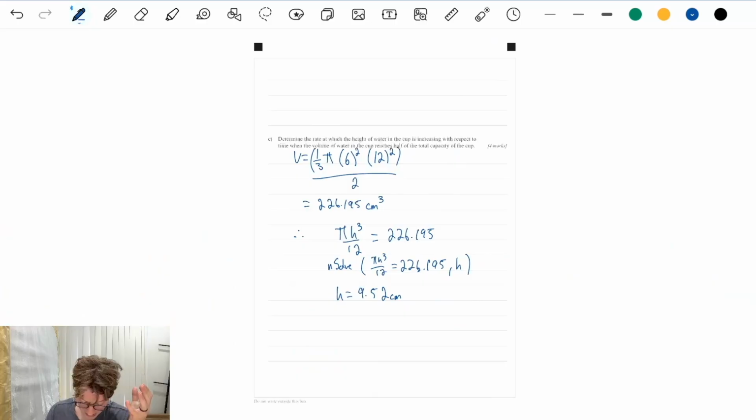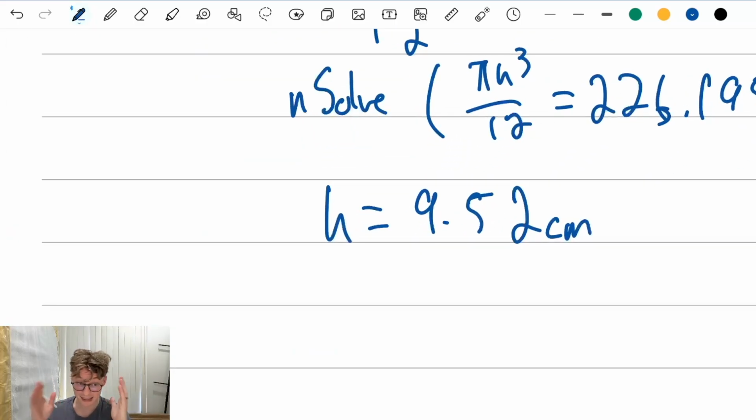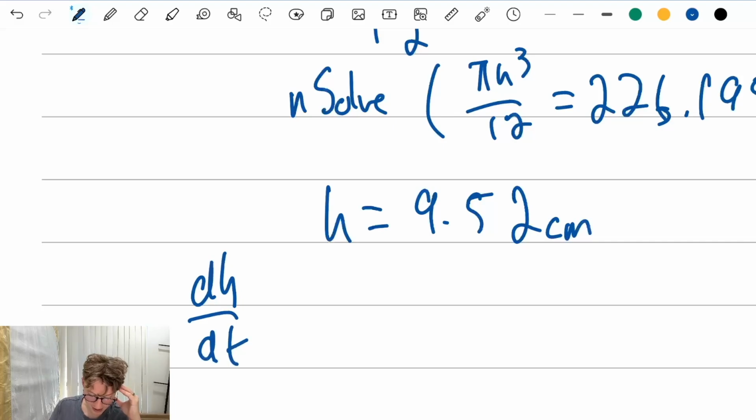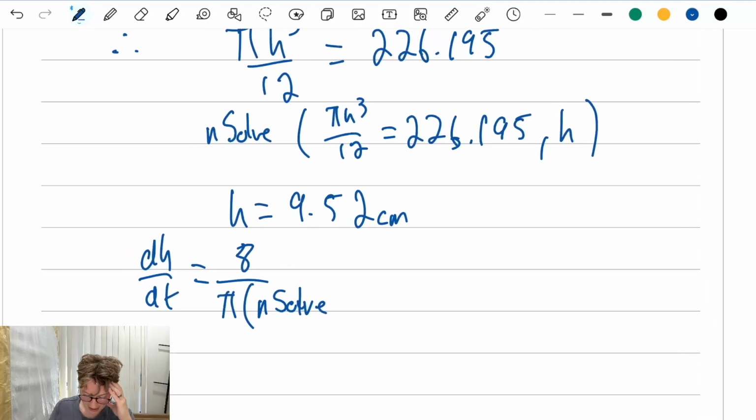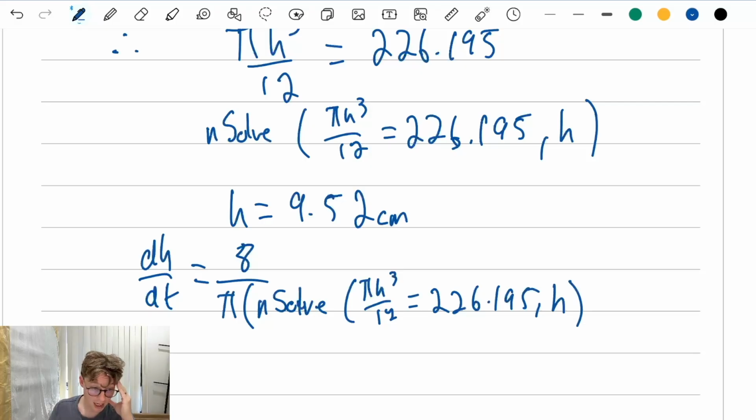To go really crazy with making it exact, I could say my change in height with respect to time is equal to 8 divided by pi multiplied by nsolve, just to show how much you can do on the calculator, nsolve pi h cubed over 12 equals 226.195 comma h squared.